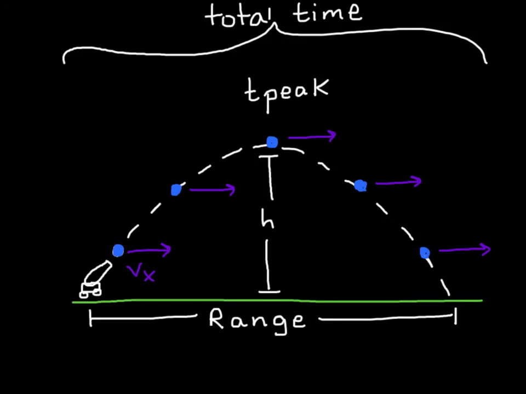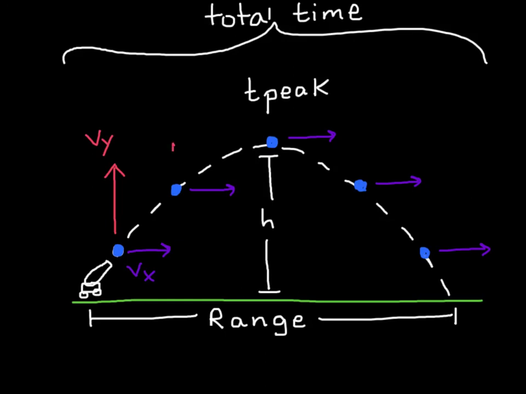Next, we'll put on the arrows for Vy, velocity in the vertical direction. If you think about it, it should make sense that at the beginning of the path, the velocity in the vertical direction going up is the greatest.